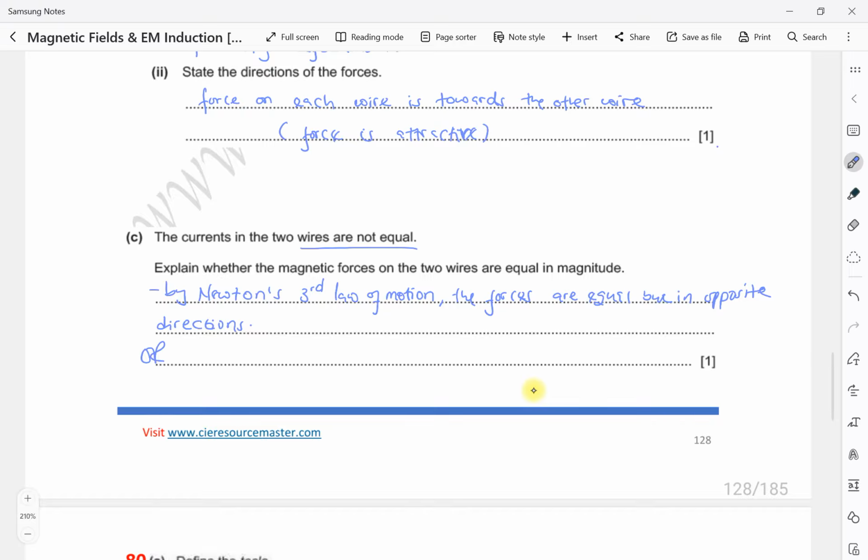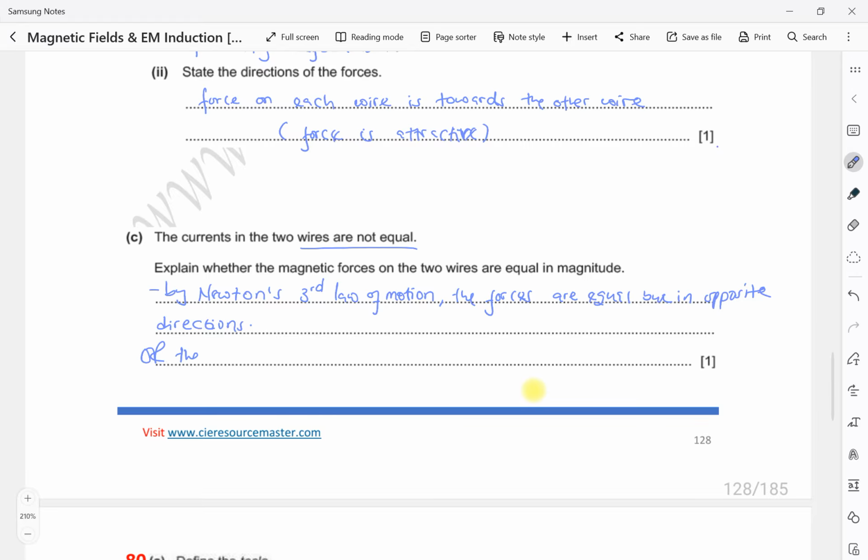Or we also mentioned that you can state this by referring to the product of the currents. The force between two wires always depends on the product of the two currents in the two wires, so it is going to be the same in magnitude.